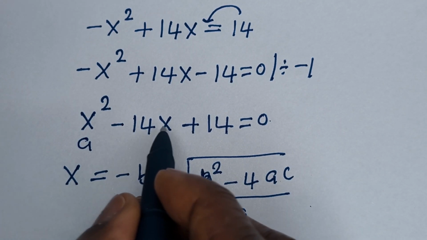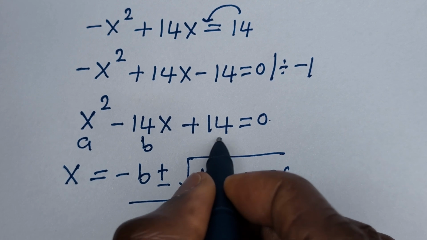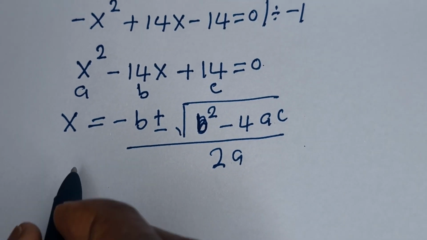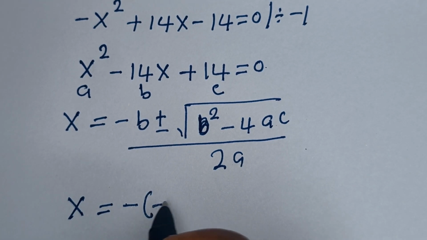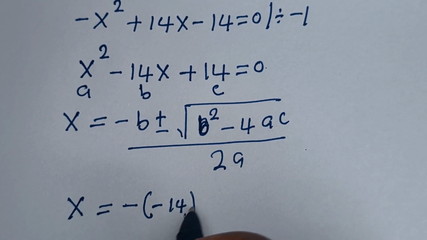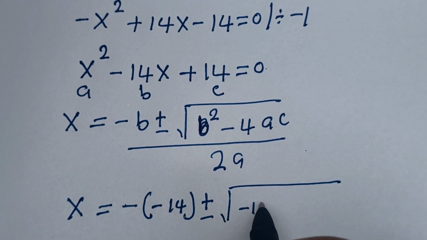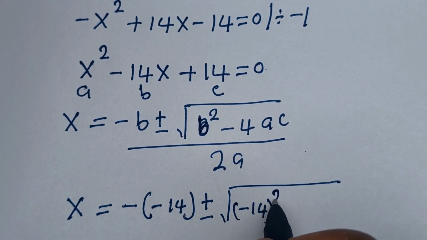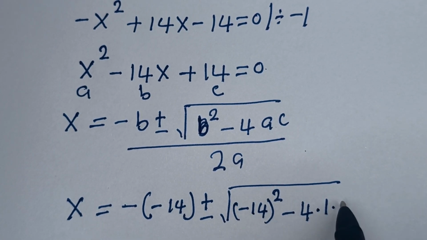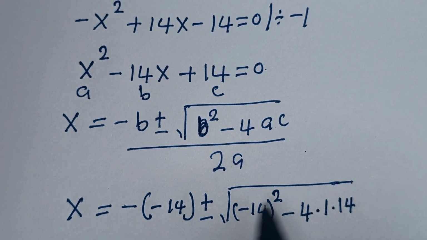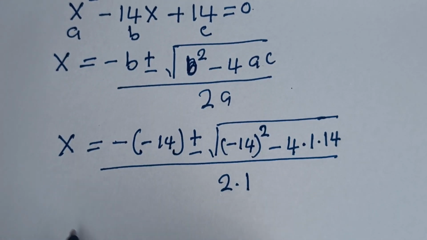The coefficient of x here, which is negative 14, is b, and the constant here is c. x is equal to negative negative 14 plus or minus square root of negative 14 squared, minus 4 multiplied by 1 multiplied by 14, over 2 multiplied by 1.